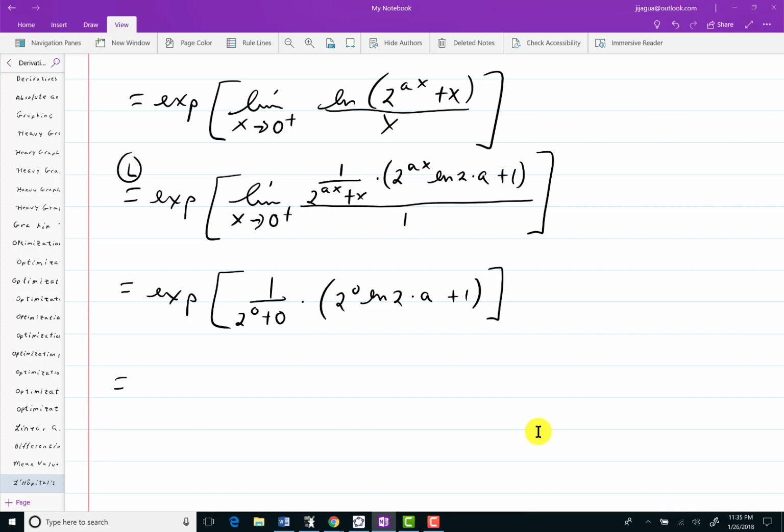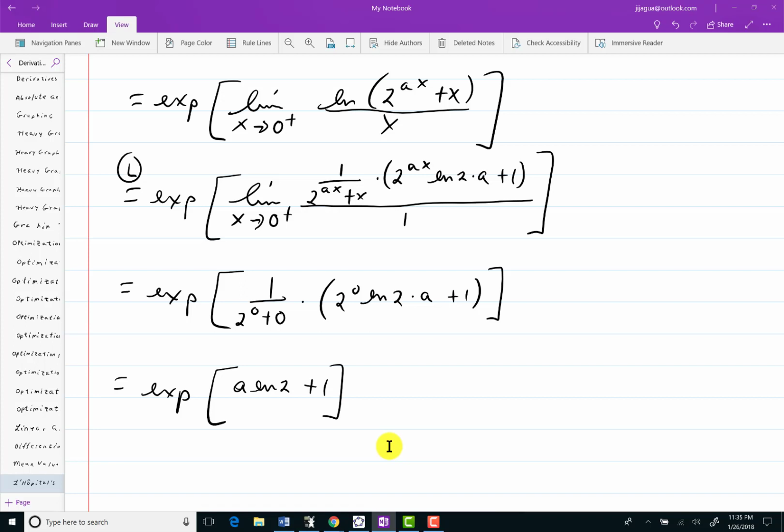That equals exp. So this part here is just 1, so that has no bearing on anything. It looks like I'm going to have ln 2 times a, which if you don't mind, I'm going to write as a ln 2 plus 1.